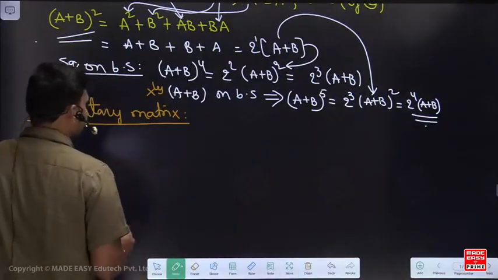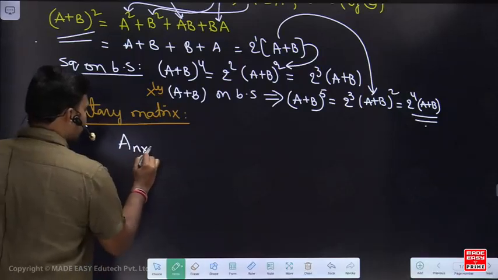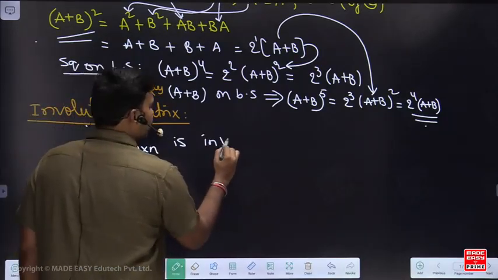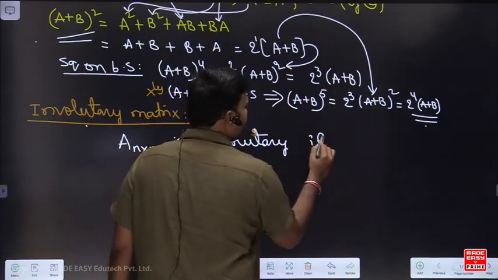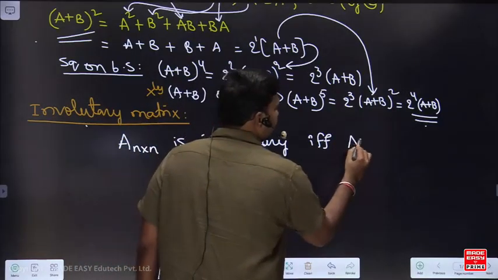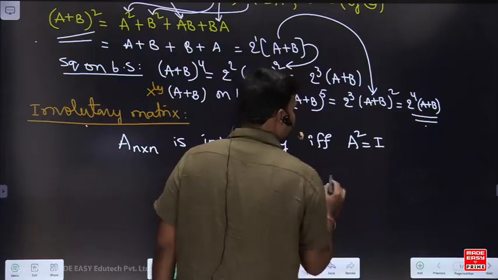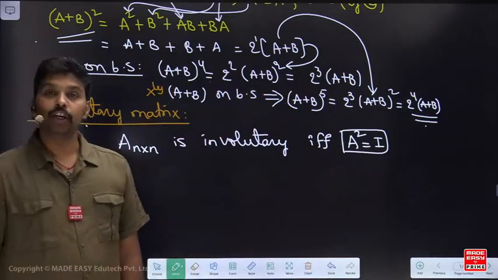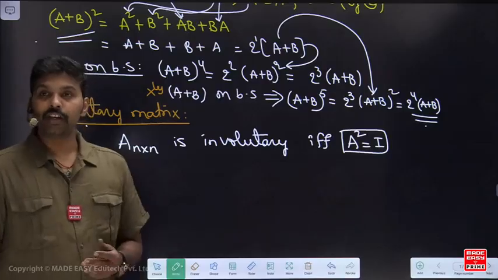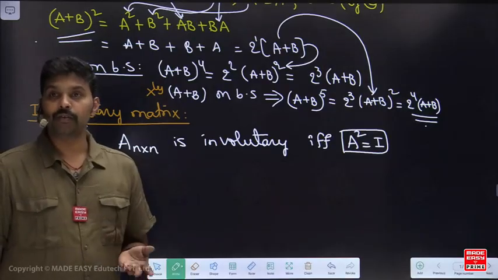Okay, involutory matrix here. So A, n by n, is involutory if and only if A square is equal to I. This is the definition of the involutory matrix here.